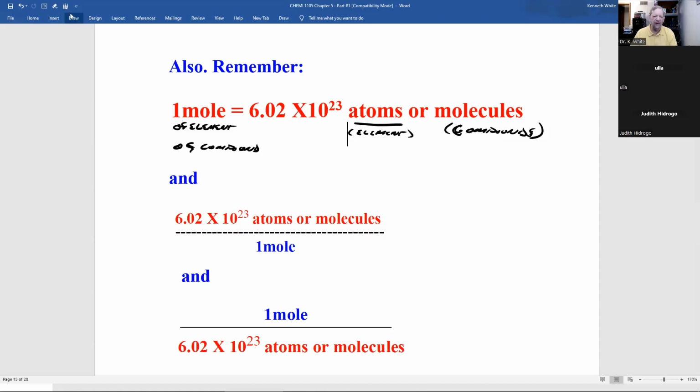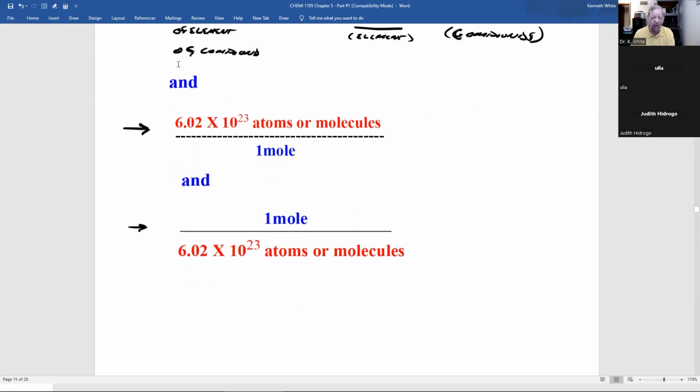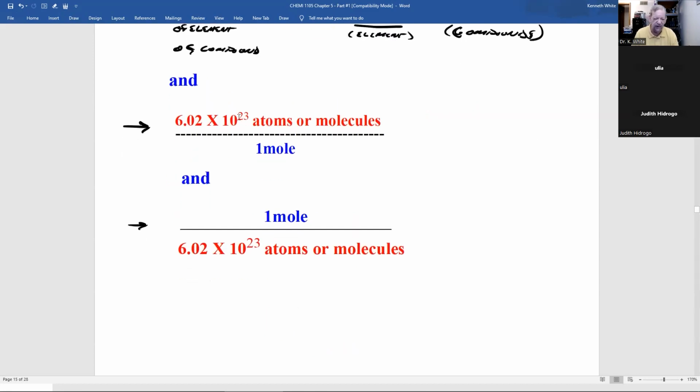So the important thing you need to know is when you have two things, A equals B, we now can have two ratios: 6.02 times 10 to the 23rd atoms or molecules per 1 mole, or 1 mole per 6.02 times 10 to the 23rd atoms or molecules.